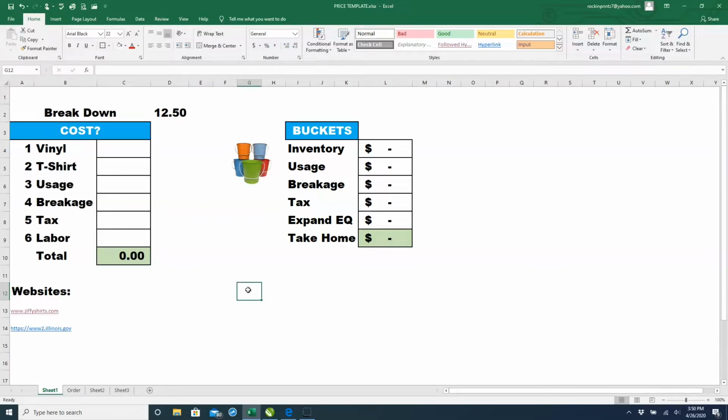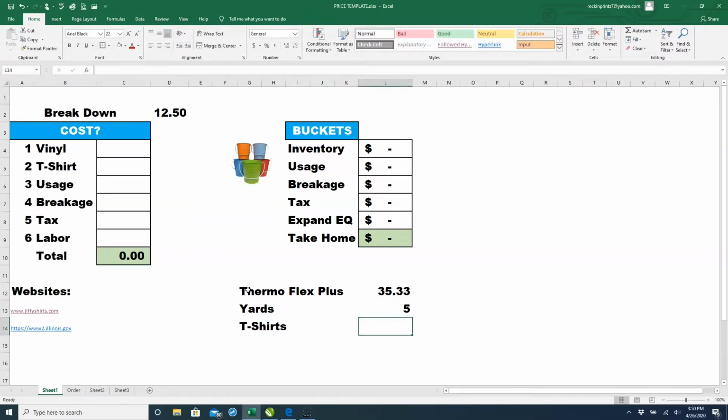The vinyl that I get is called Thermoflex Plus vinyl, and that cost me $35.33. How many yards are in this vinyl? We're looking at 5 yards. And how many t-shirts can we make?